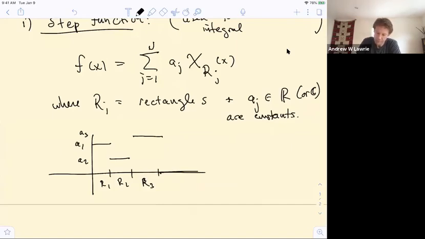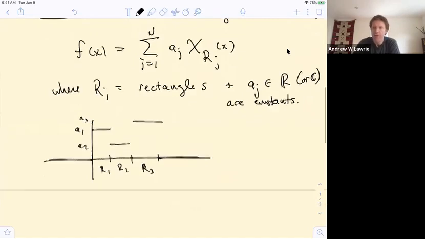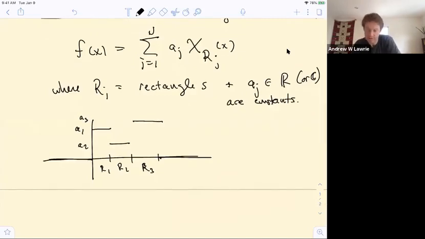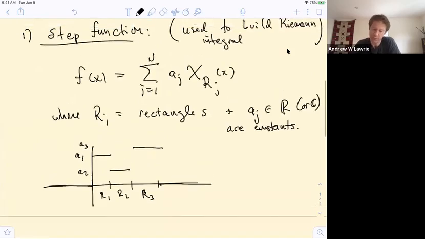And then the function is 0 everywhere else. So these are step functions, and when we use the word step function, we'll be specific that the sets over which we have this characteristic function are only rectangles.